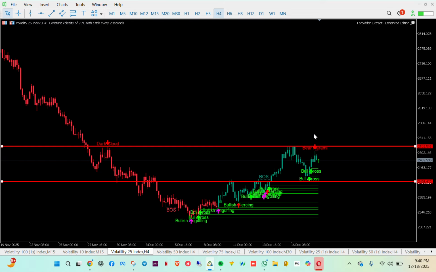Once you print another break of structure, you are out of the market already, because you have achieved your TP, take profit. So you don't need to feel bad about why you took profit early. You just wait for the market to return back to where you see a break of structure again, and then you enter.